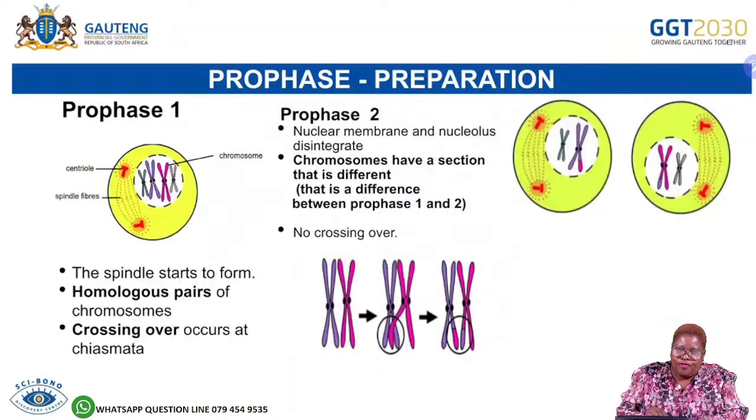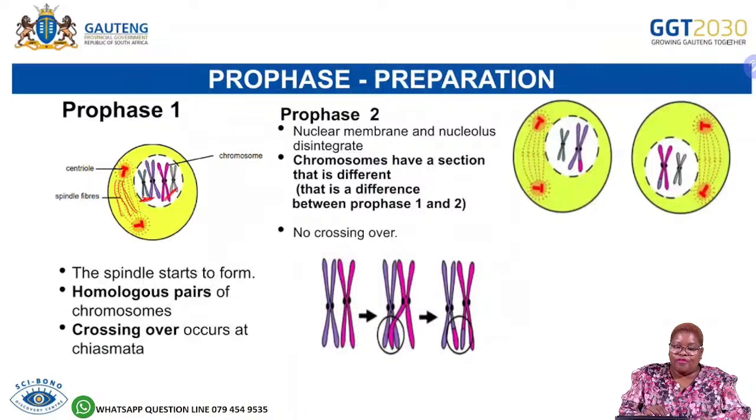Now, this is our prophase 1. The spindle fibers start to form. Here are the spindle fibers. And then homologous pairs of chromosomes. You can see homologous pairs of chromosomes, right?